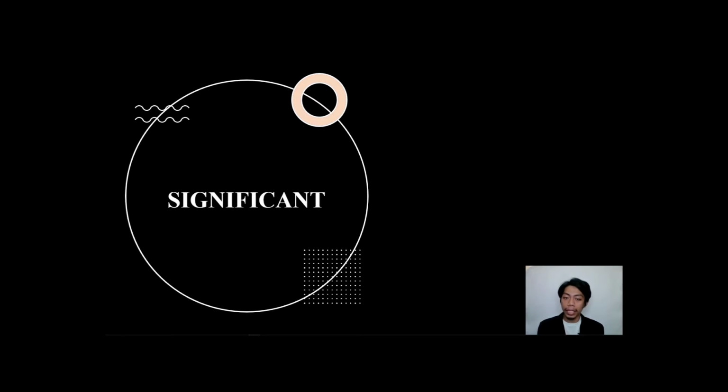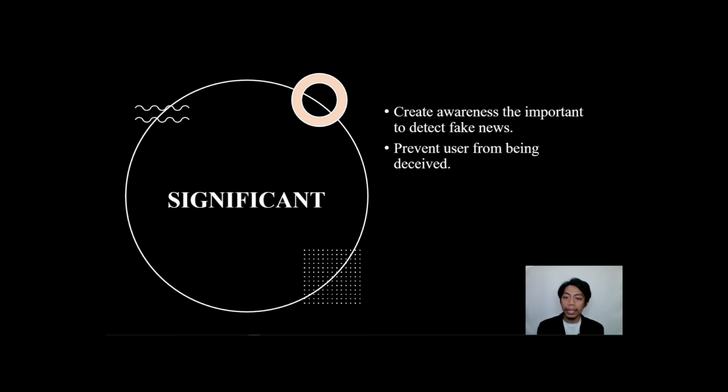Next is the significance of this project. The significance of this project is that it will create awareness among people. Why is it important to detect fake news? If someone can distinguish fake news from any other type of news, this means they have a greater understanding of how fake news is published. They can also prevent themselves from being deceived by the author of the news.